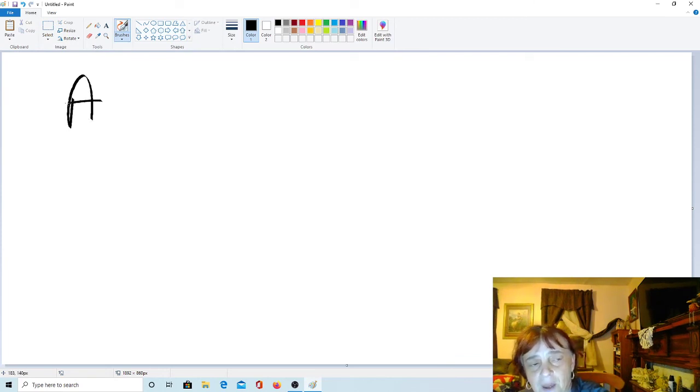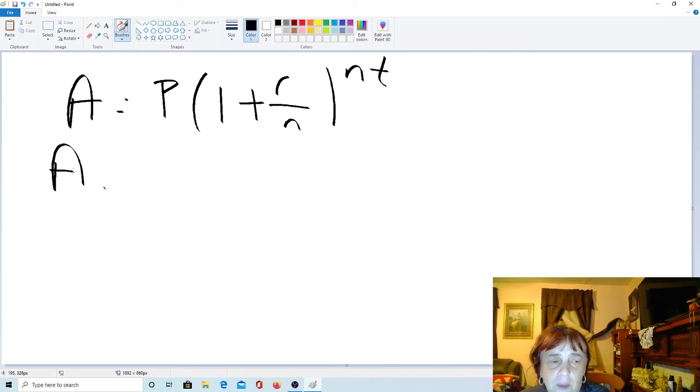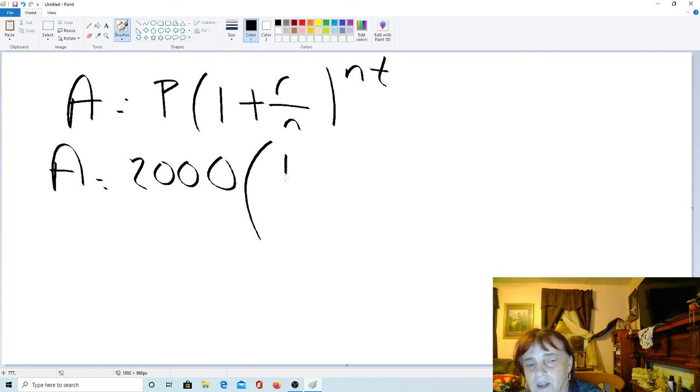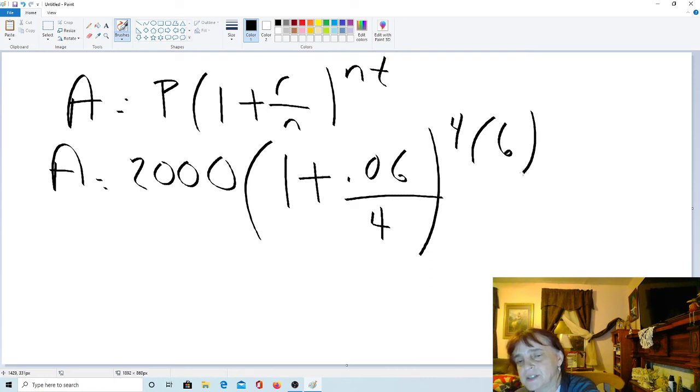Okay, so the total amount is the principal times 1 plus the interest rate over n, to the nt power. The principal is how much you borrow. Say it's $2,000, times 1 plus the interest rate, 0.06. If it's compounded, let's say quarterly, to the power of 4 times the number of years. Let's say 6 years.